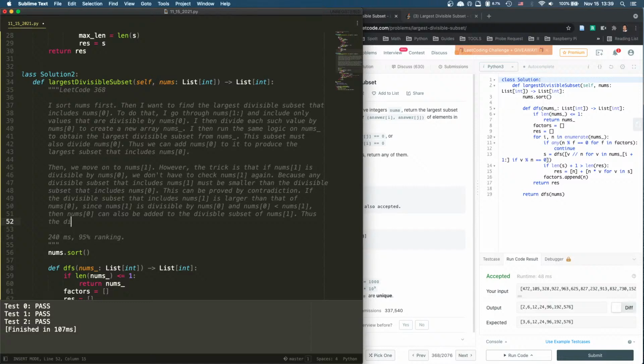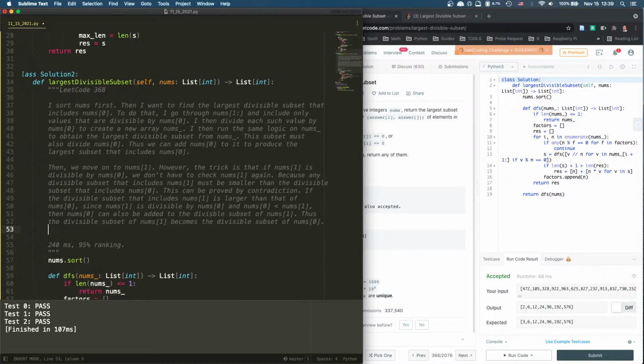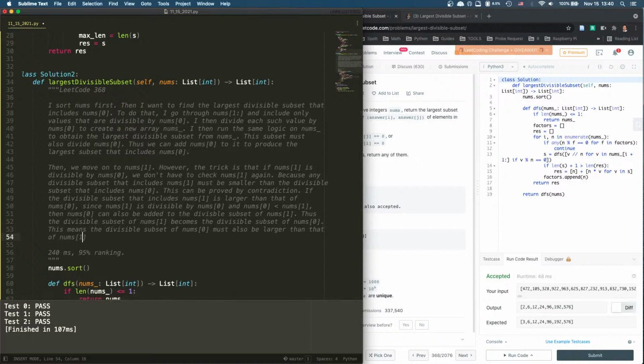Thus, the divisible subset of nums1 becomes the divisible subset of nums0, right? This means the divisible subset of nums0 must always be larger than that of nums1. Right. So then we follow this, and then we're done.